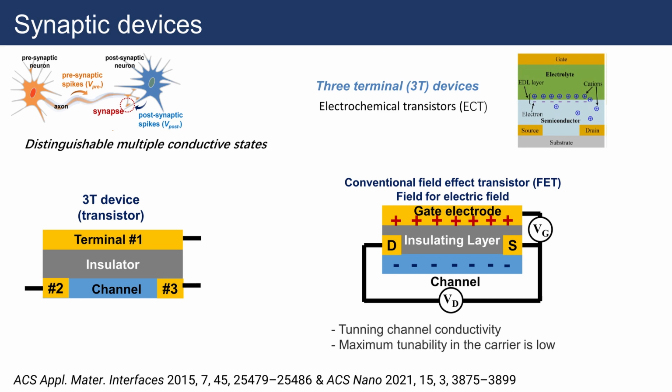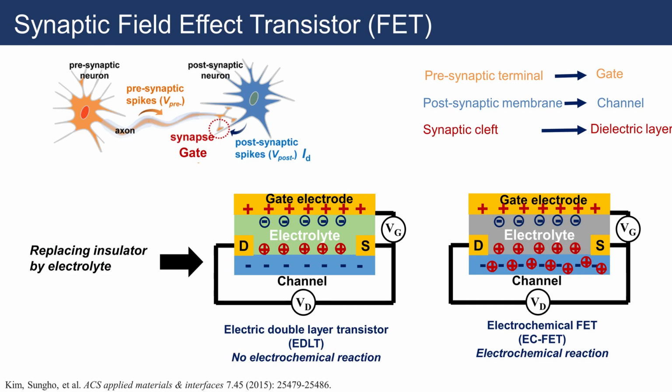Why are people interested in electrochemical reactions? Because, as you already heard about how the synapse works in humans or biological systems, there are ion movements involved. Exactly in the electric double layer transistor and the electrochemical transistors, ions are also moving. So using another terminal, the third terminal, to control the movement of the ions can also achieve different conductivity states.